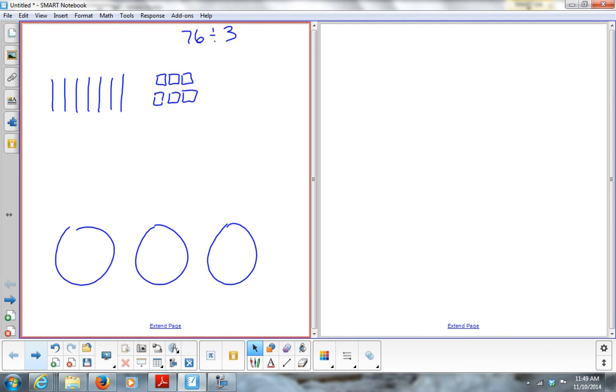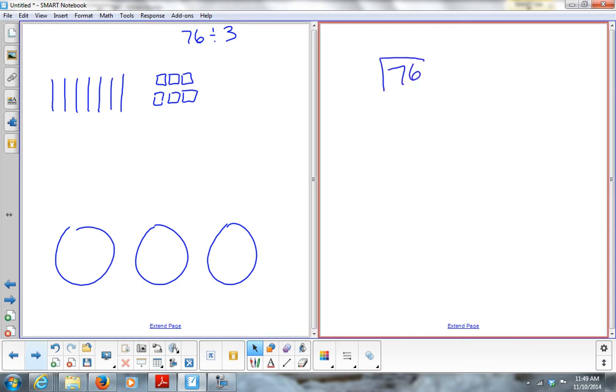Okay, I'm going to write this over here. Okay, so if I have 76, I've drawn my circles, I've made my base 10 blocks, and then what do I want to do first? Ivan, what's the first thing I'm going to do? Oh, Levi, sorry. Yeah.